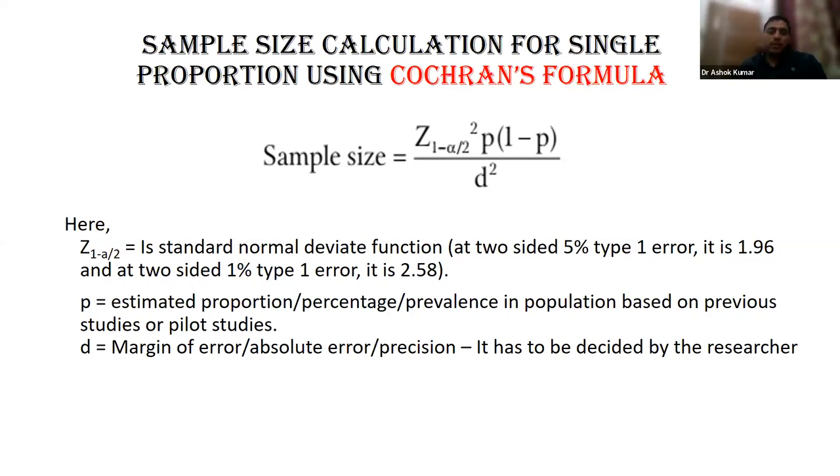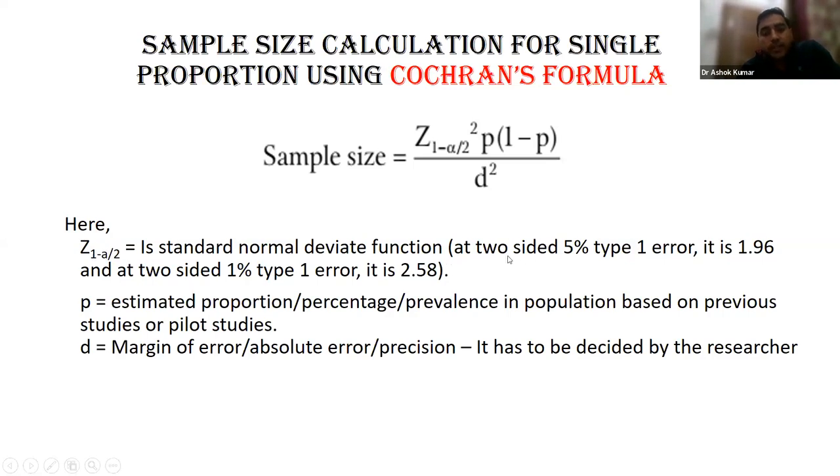Now here we have to understand about Z1 minus alpha by 2. As I told you, in a cross-sectional or descriptive study, a single proportion, we have to take alpha divided by 2. It means it is two-sided. Z1 minus alpha by 2 is a standard normal deviate function.